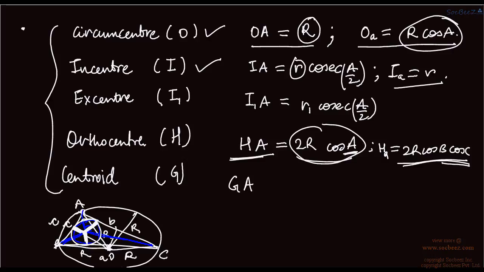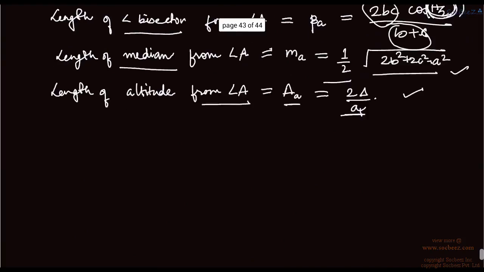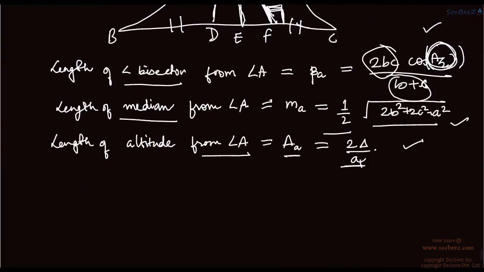Then GA, the centroid, the distance of the centroid from any vertex, will be one by three root of 2b square plus 2c square minus a square. When did we see this formula? We saw that in this one. What is this? The median.